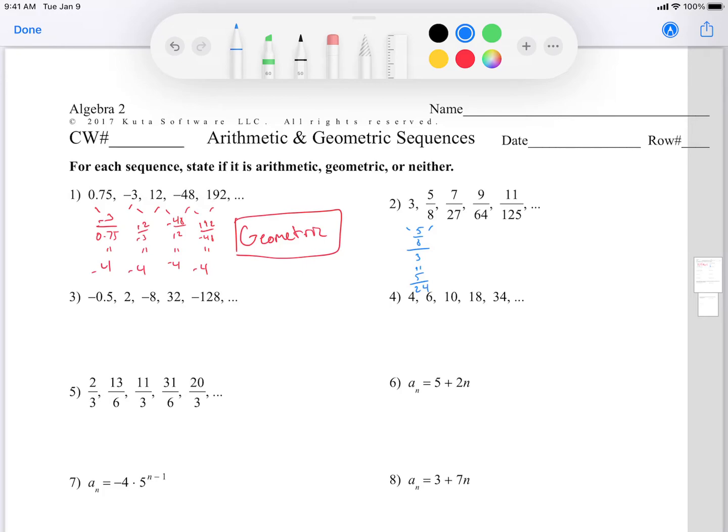Now let's look at what 7 over 27 divided by 5 over 8 is, really quickly. This is the same thing as 7 over 27 times 8 over 5, which gives me 56 over 135. Now simplify that.